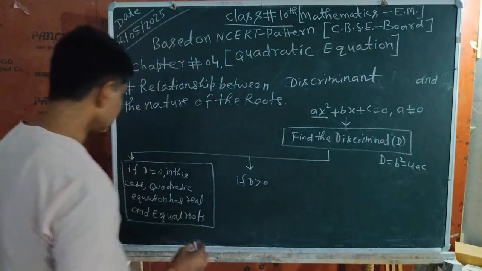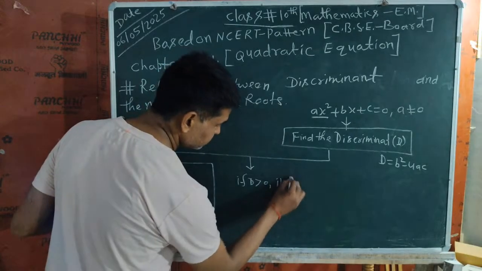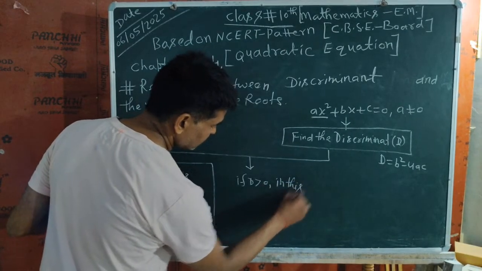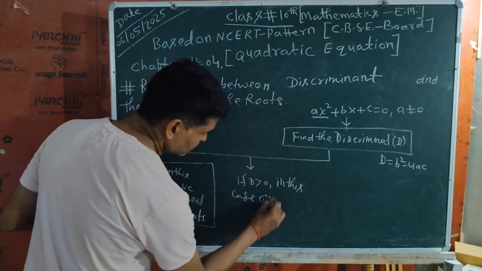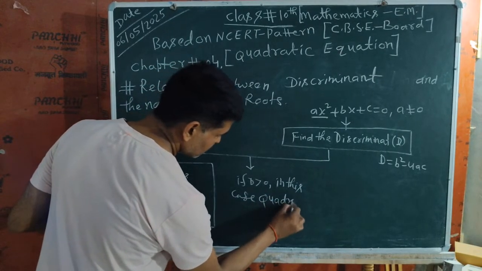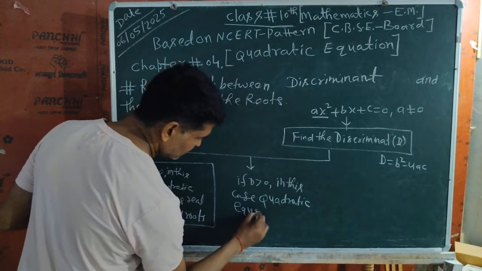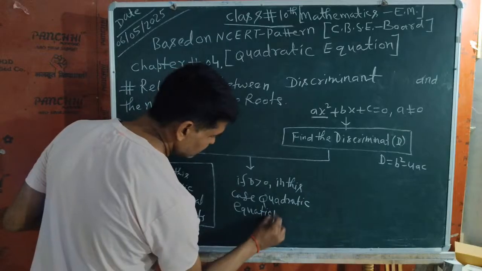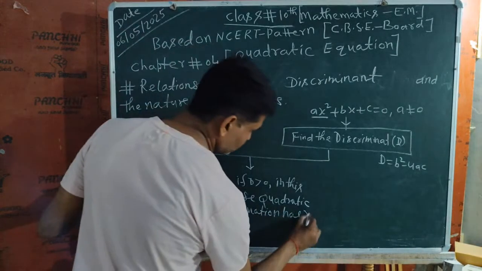So here, if D is greater than 0, in this case the quadratic equation has real and distinct roots.